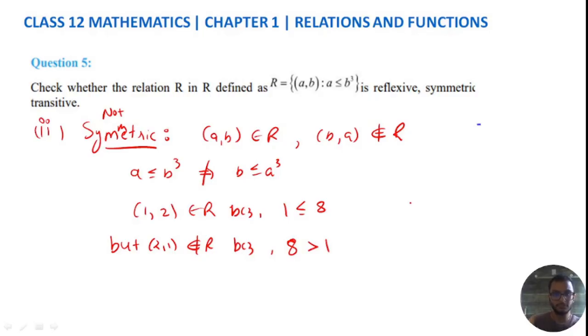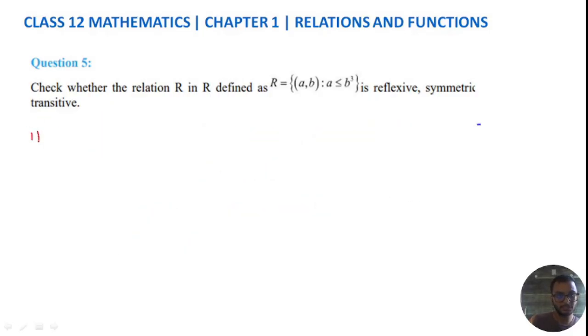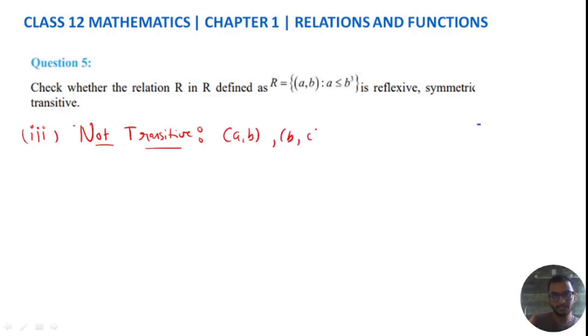Now let's show it is also not transitive. What is the intuition behind that? Suppose I have (a, b) and (b, c) in R. This means a is less than or equal to b cube and b is less than or equal to c cube.